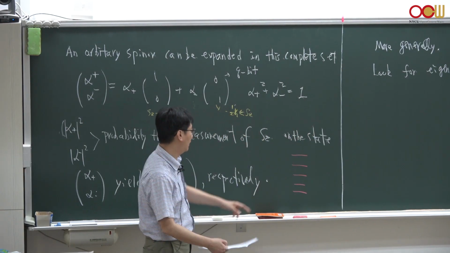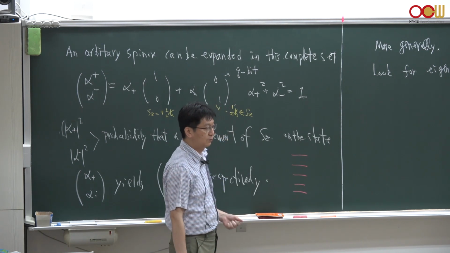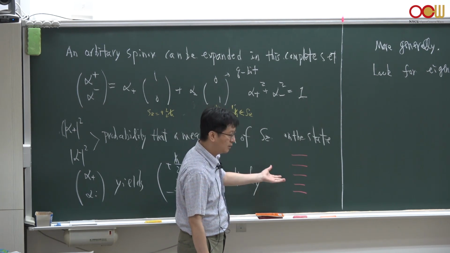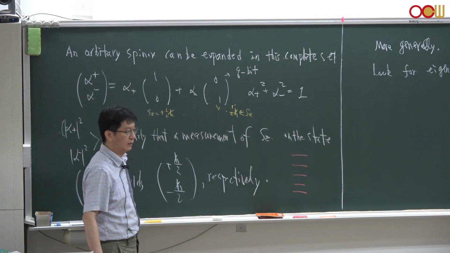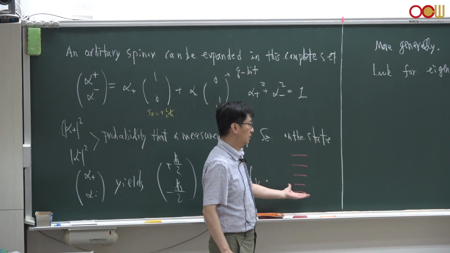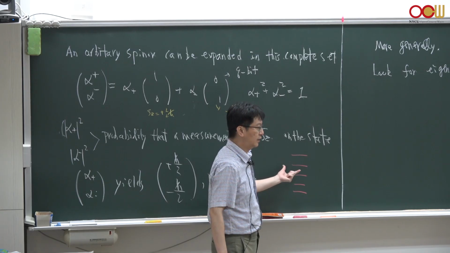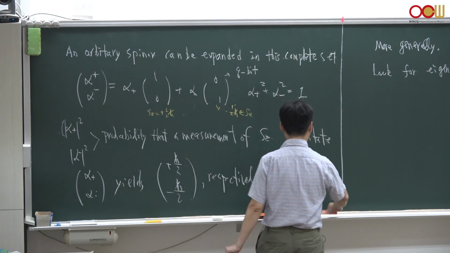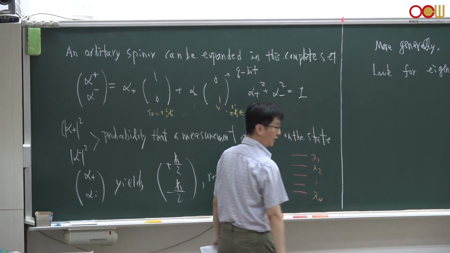Okay, so you have many eigenvalues and eigenstates. When you take the measurement, the final outcome could be only one of these eigenvalues that you find. You simply take a million measurements and count how many times you get the eigenvalues lambda 1 up to lambda n and so on.